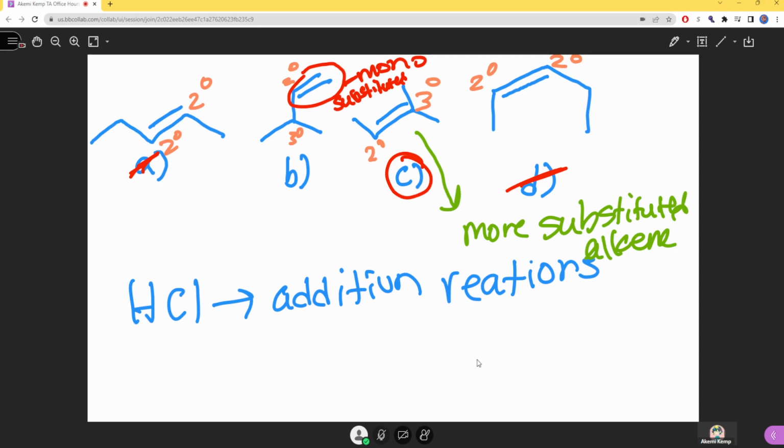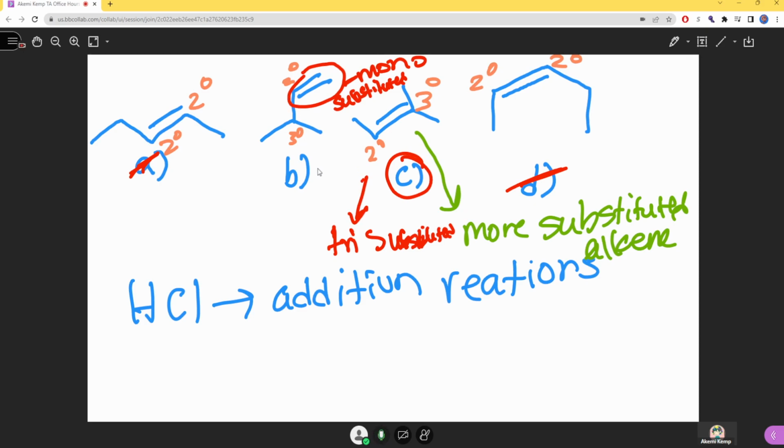No. I think this is tri-substituted because on one side you have 2 methyls, and on the other side you have one. Either di-substituted or tri-substituted. I'm going to say tri-substituted. So that stabilizes the alkene first, and then after breakage, you stabilize your carbocation, and it'll react way faster with HCl than B.